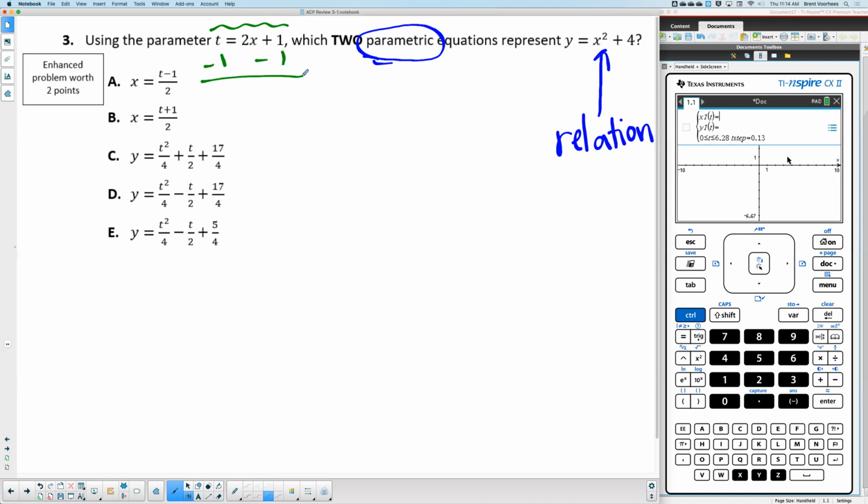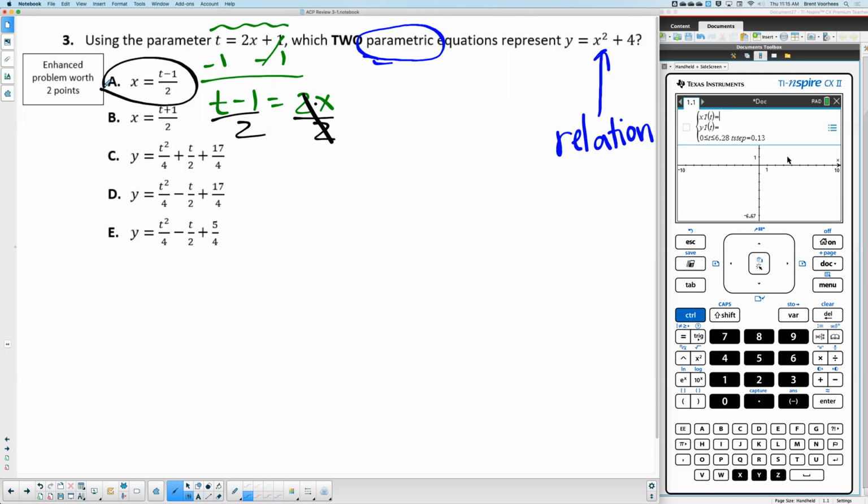Good. So I'm showing you, you could do the graphing, but if you wanted to save a little time, this is the algebra you could do. This is the second way, if you will, to save a little time. And now, what's the opposite of multiplying by 2? Okay, so if you did this, you now got x by itself. Which answer choice is that?